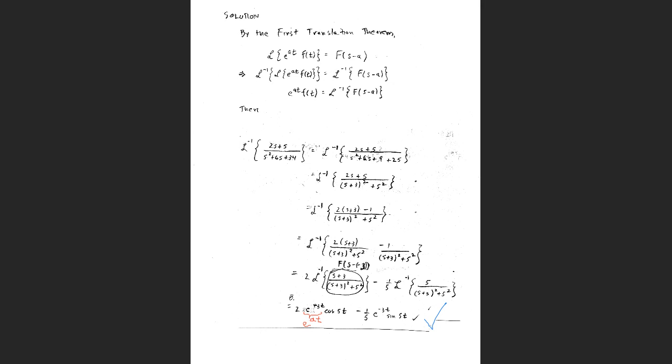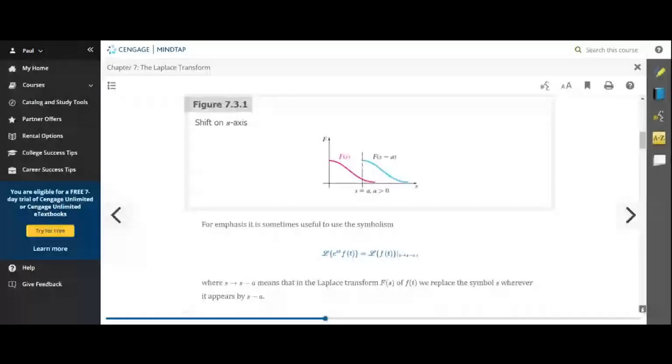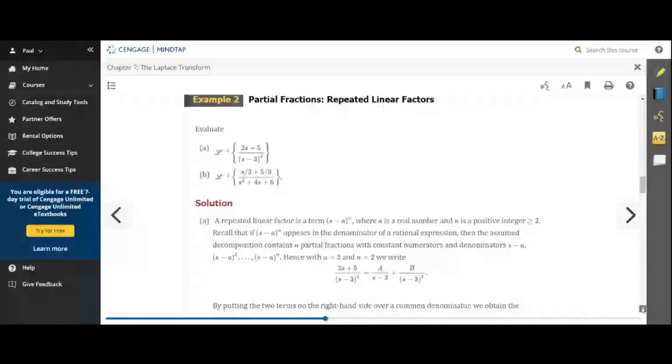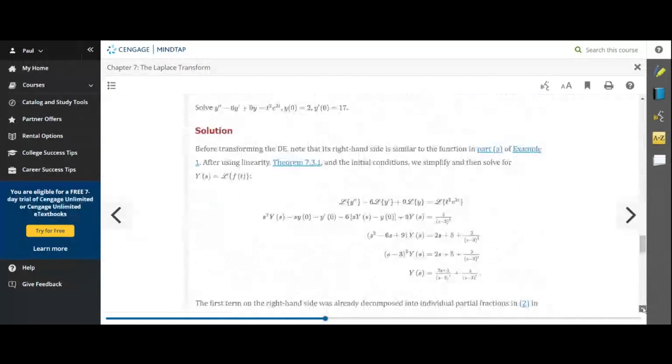The second translation theorem involves what's called a unit step function. So let's go back into the ebook.